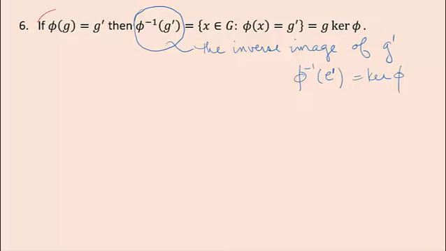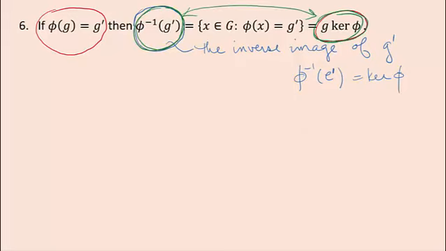So property 6 tells us that if we know phi of G is G prime, then the inverse image of G prime, the other elements that map to G prime, are the elements in that coset, G kernel phi. If phi of G is G prime, then everything in G kernel phi maps to G prime. That's what we want to prove.